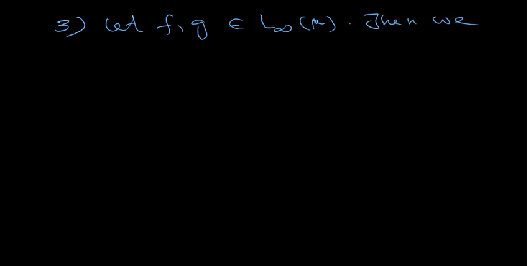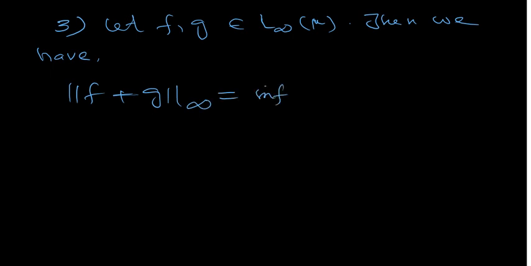Then we have norm f plus g infinity, which is by definition the infimum of m. आप ये नंबर को ही ले, लेट्स टेक दिस एज से g h, फिर आप वो प्रॉपर्टी यूज कर सकते हैं इन्फिमम की. This is mod of f of x plus g of x. Actually it should be f plus g of x, but that's equal to fx plus gx, because addition is component wise here.